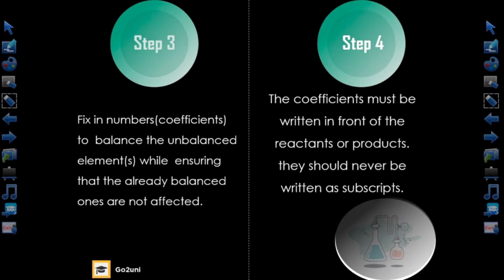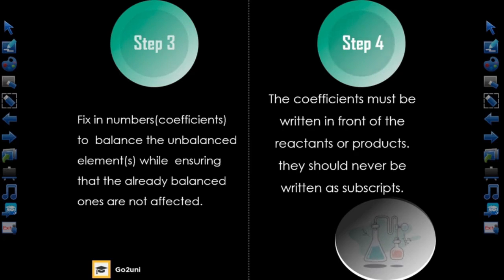But in trying to balance the species that are not balanced, we ought to be very careful not to disrupt the already balanced ones. Otherwise, we also have to balance them if they become affected in trying to balance the unbalanced species. That is step 3.